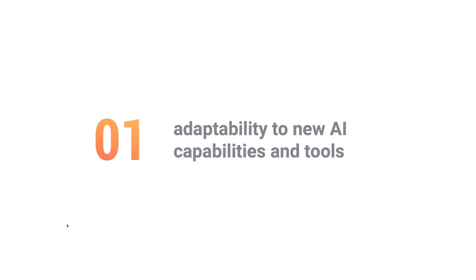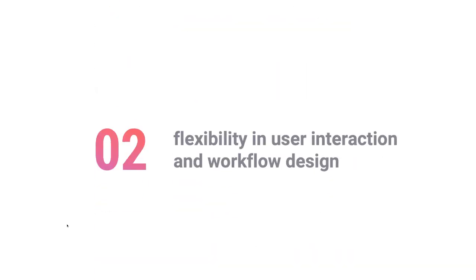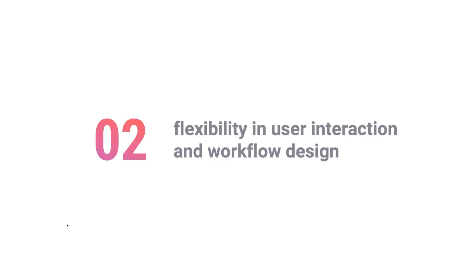The field is moving so fast that we need to be able to integrate new models or techniques without starting from scratch. Second, we need flexibility in user interaction and workflow design. We're still figuring out how users want to interact with this type of AI, so we need to be able to adjust as we learn.